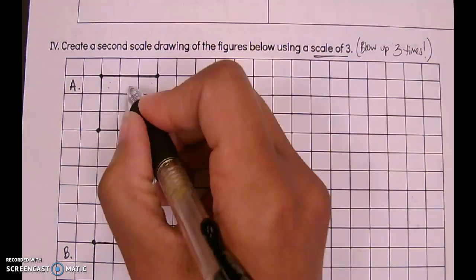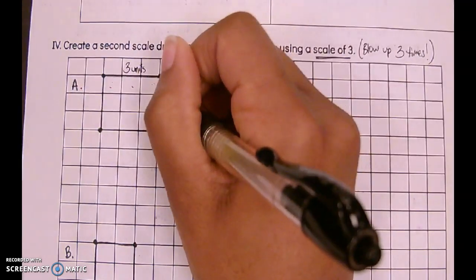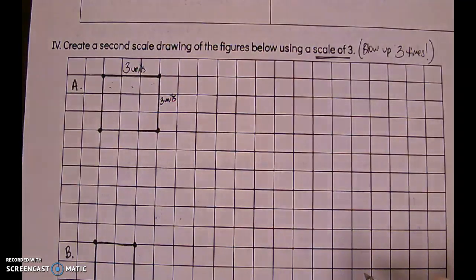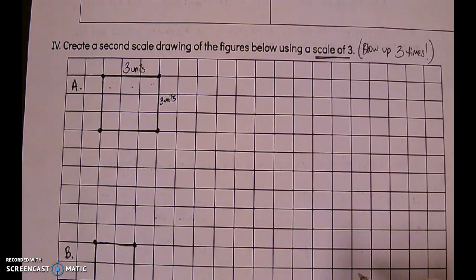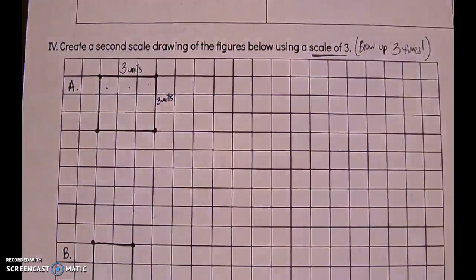Okay? 1, 2, 3. I know that this is 3 units. Okay? It's 3 units here. And it's essentially a square because it's 3 units all the way around. Okay? So in order to do the math behind this, the first thing I'm going to do is understand that the units that I'm working with here are 3.